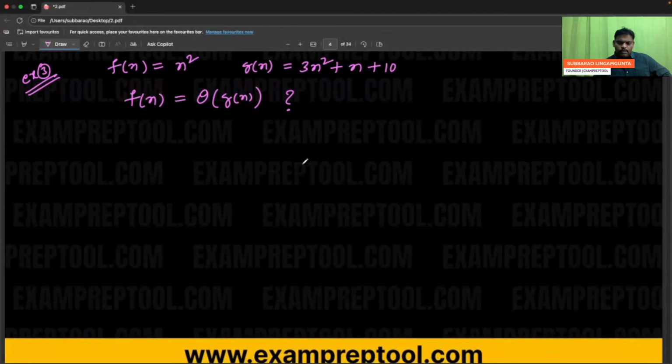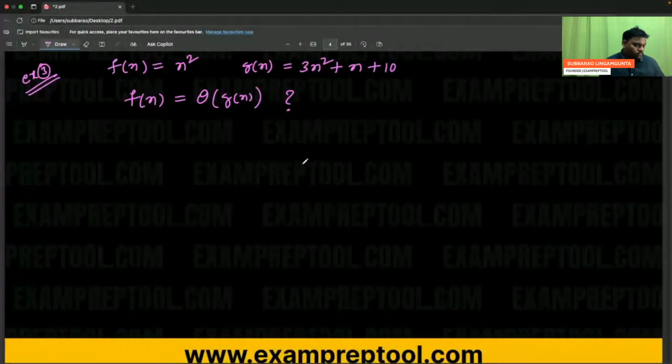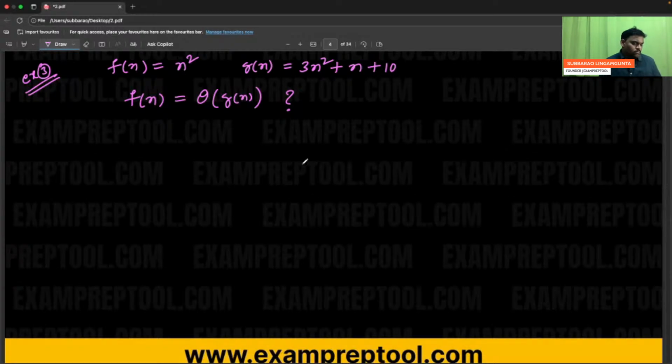F of n is n square, g of n is 3n square plus n plus 10, and f of n is theta of g of n. Please prove it, make it fast.